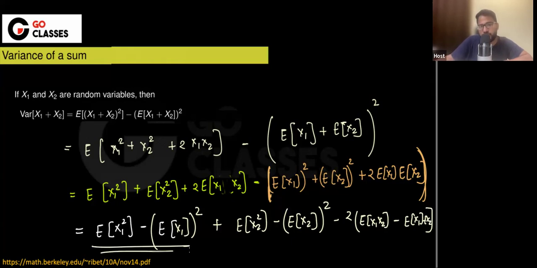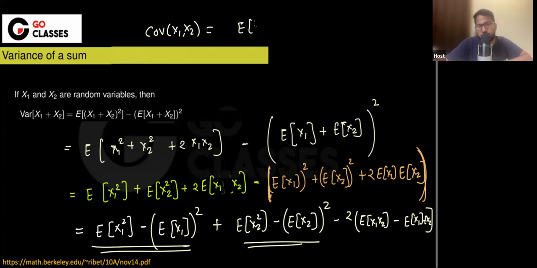So this is the variance of x1, this is the variance of x2, and then what is this quantity? Is this the covariance of x1 x2? Tell me, what is the formula of covariance between x1 and x2?